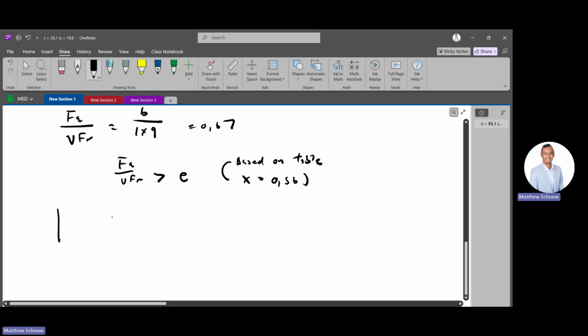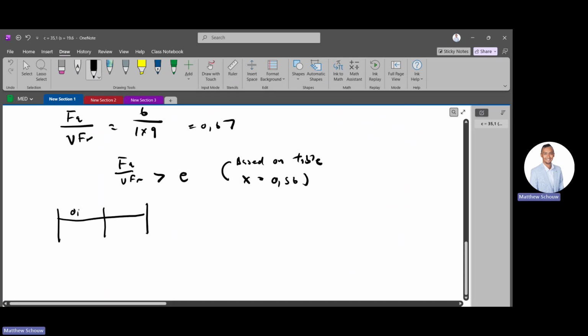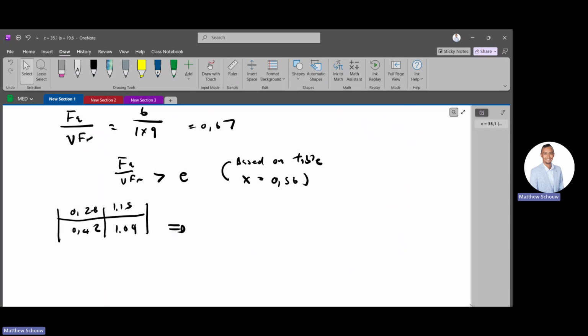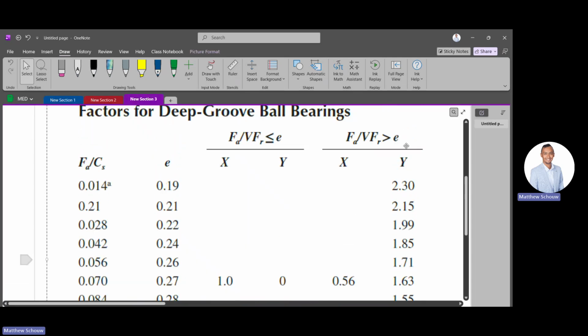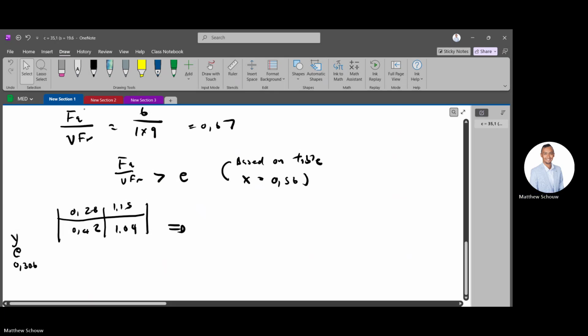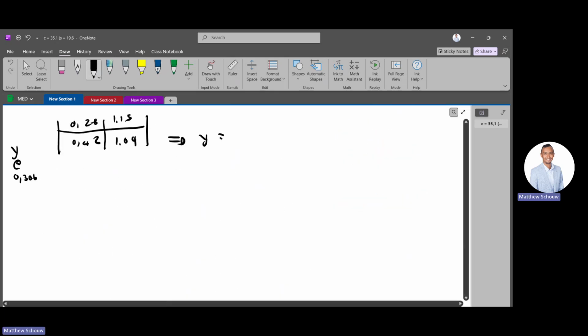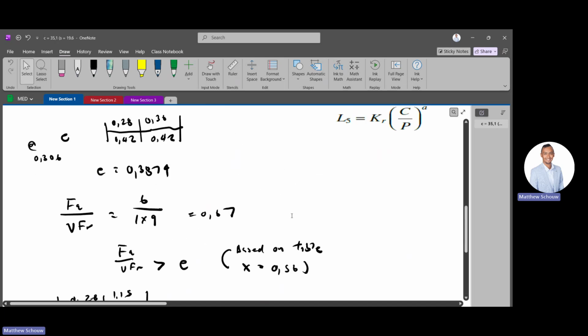So then setting up our so-called interpolation table, that's 0.28, 0.42, 1.15, and 1.04. And you're interpolating for y, at 0.306 again, if you remember coming from that, and you'll find that y should be equal to 1.13. So that's perfect.